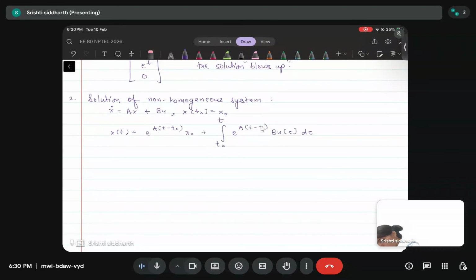In terms of the state transition matrix, you can write this as phi(t minus t0) x0 plus the integral from t0 to t of phi(t minus tau) B u(tau) d tau.